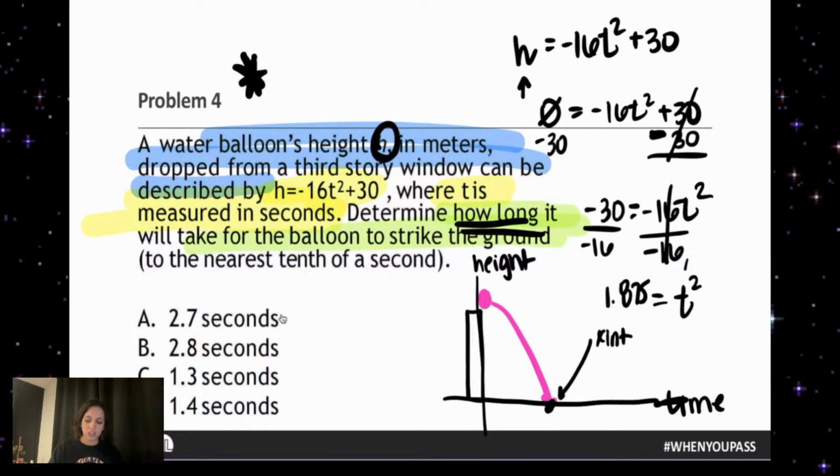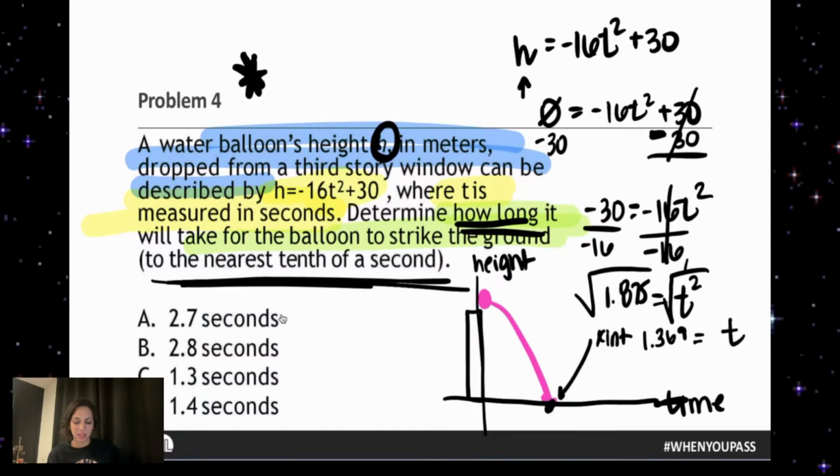And then I can just square root that, which gives me t equals 1.369. And it says round to the nearest tenth. So if I have 1.369 and I'm rounding here, which way is that going to round? Up. So that becomes 1.4.